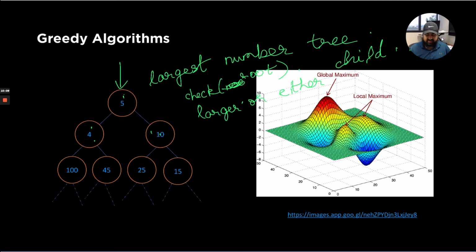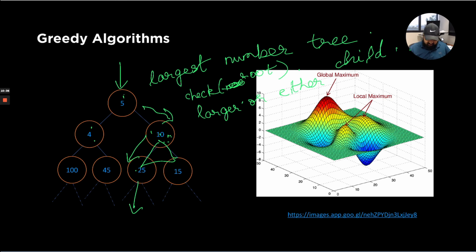Since 10 is the greatest element, you keep going towards the right-hand side. Next, you have this trio of numbers, and out of these 25 is the largest, so you go towards this side of the tree and keep going down this path to return a really large number.